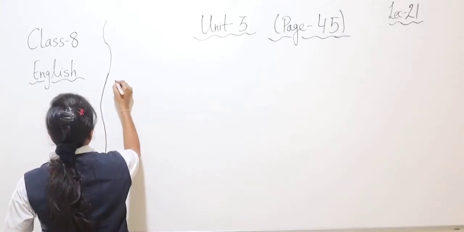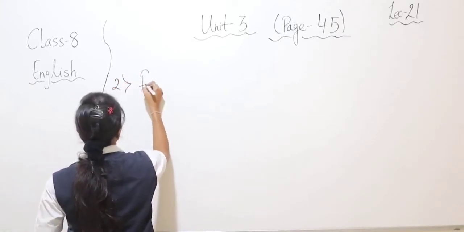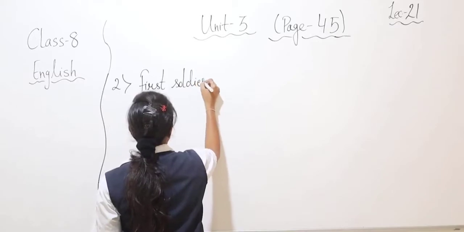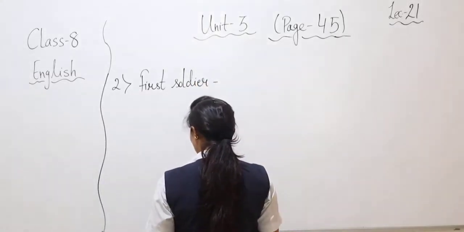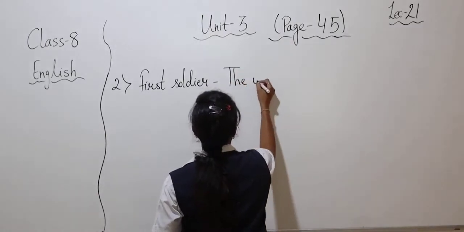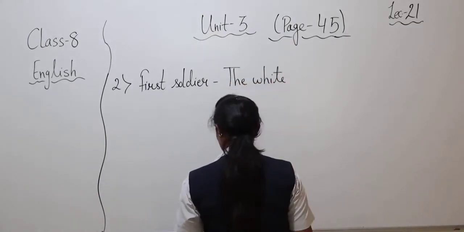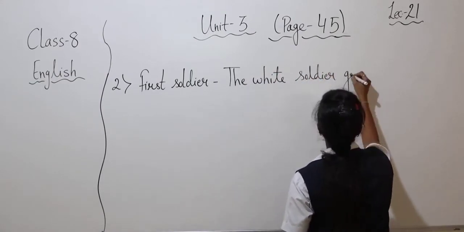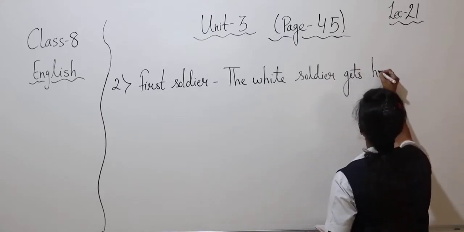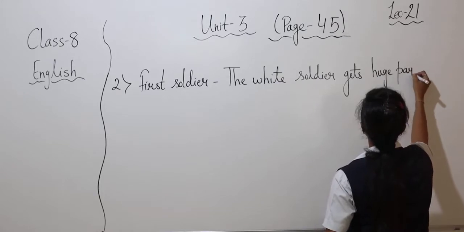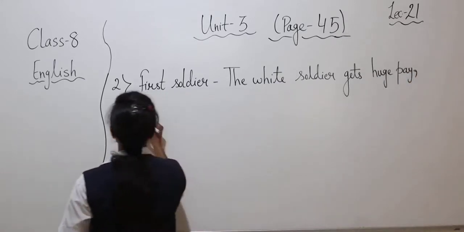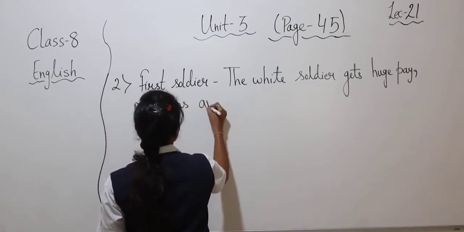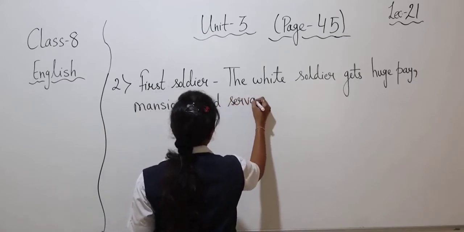In the second, first soldier: the white soldier gets huge pay, mansions, and servants.